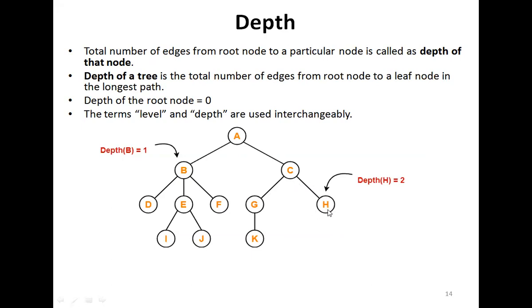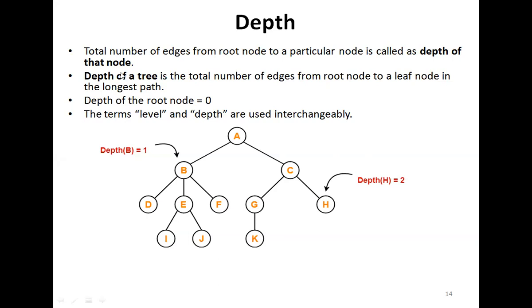Okay. And the depth of a tree is the total number of edges from the root node to a leaf node in the longest path. If you want to find the depth of the tree, it is the depth of any node in the longest path.